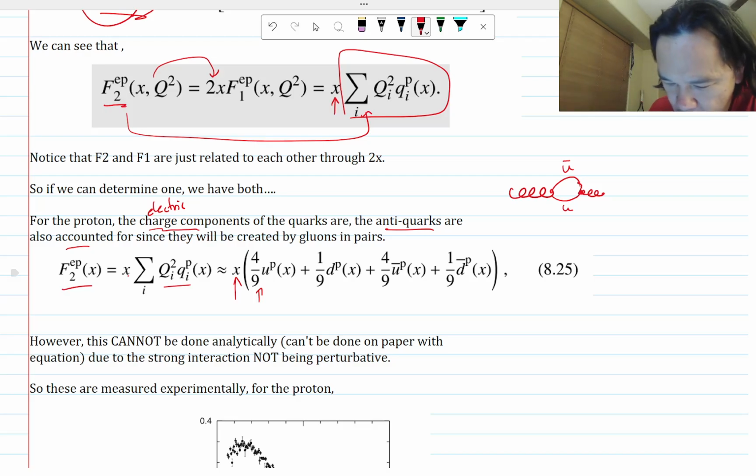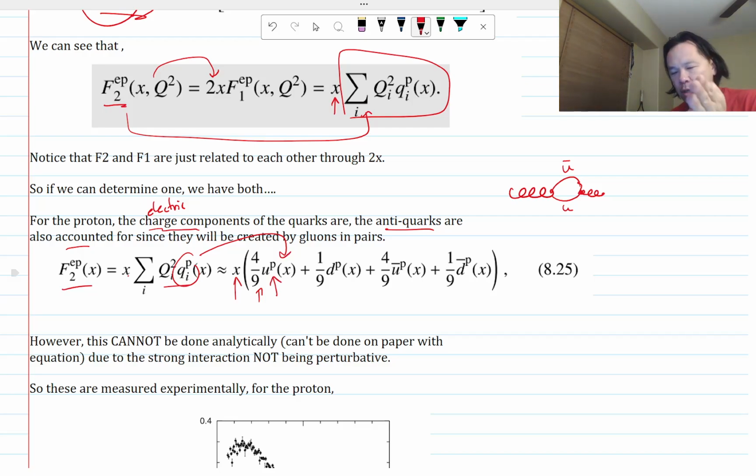And then this q tells you what fraction of the momentum is being carried by that particular up quark. So this is the up quark parton. Sorry, I shouldn't have said that. This is the momentum fraction that's being carried by the up quark itself.